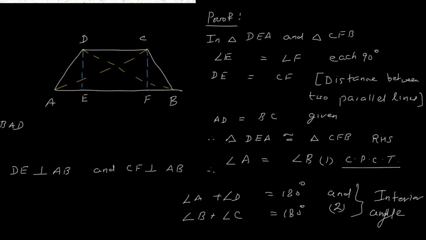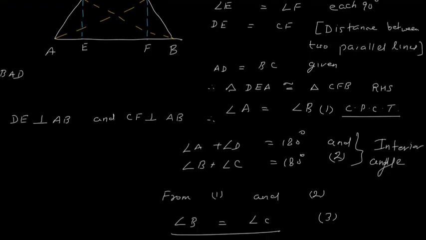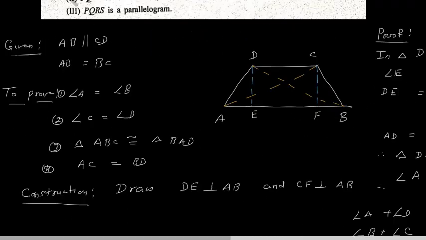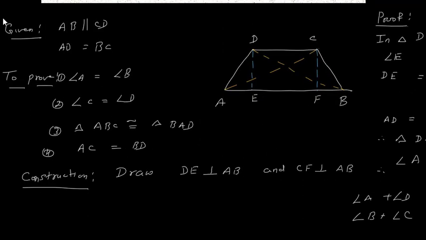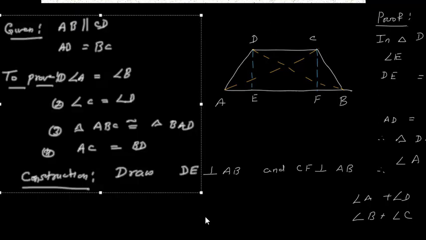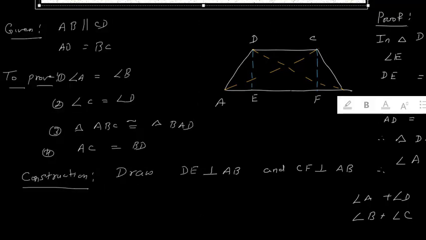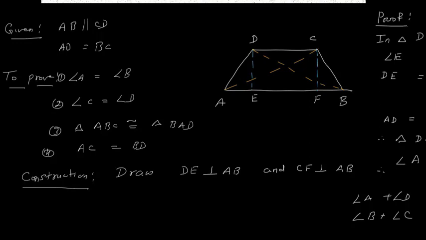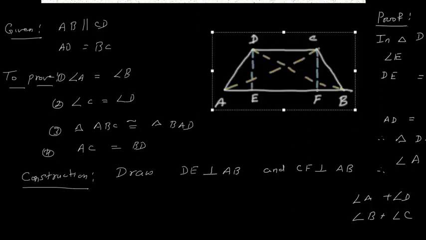Now I can take triangle ABC and BAD. Let us do that proof on this side. We can now remove this given part, or else I will copy this triangle from here and place it somewhere here.